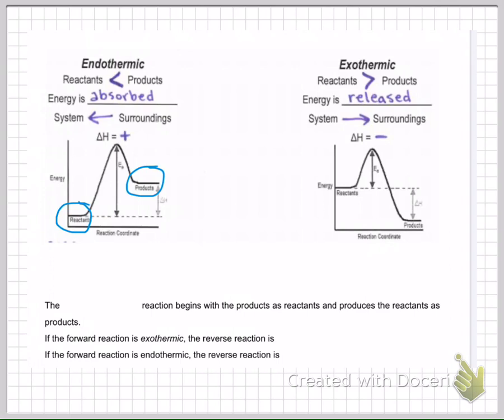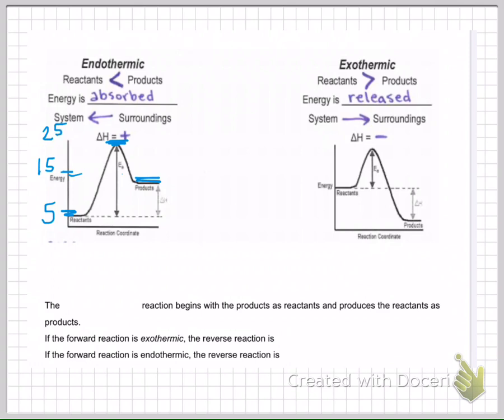And the reason why is, if we assign a number to these, let's say the reactants are, let's go with 5 again. And then let's say our products, this point here is about 15. And then let's say this is the activation energy, up here at 25.